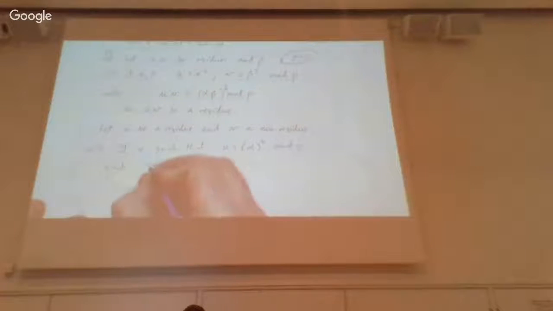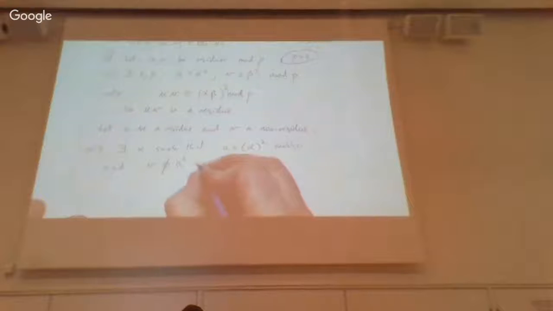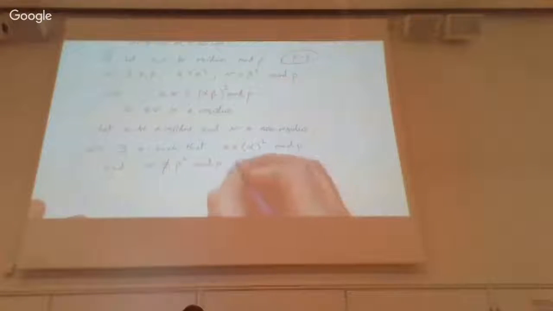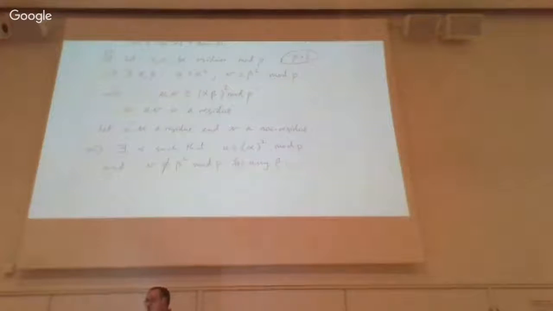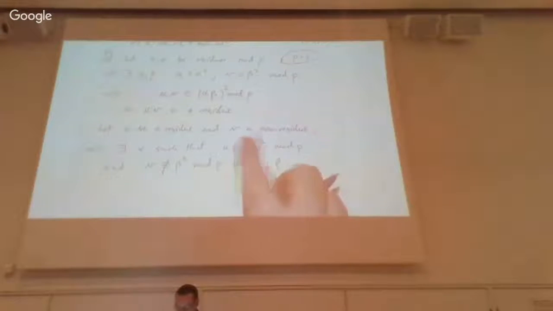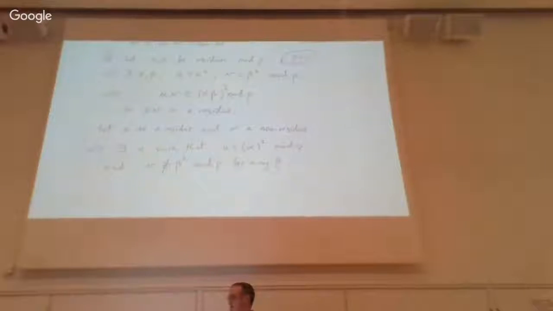And v is a non-residue, so v is not congruent to the square of beta mod p for any beta. You can never write v as the square of anything, because it's not a residue. It doesn't have a square root. Just because I said it. v is a non-residue. Okay?